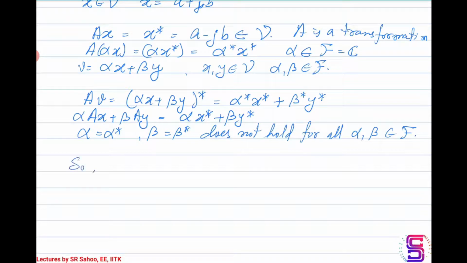So A acting on this linear combination, A of alpha x plus beta y, is not equal to alpha Ax plus beta Ay.